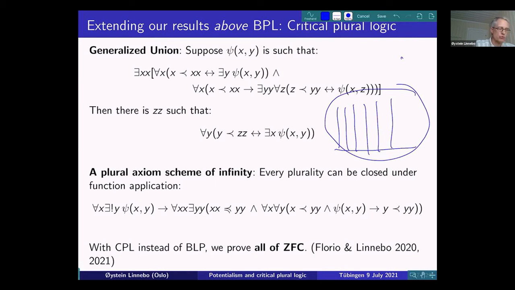And it's very natural to follow Cantor and say that at least we have some pluralities that are actually infinite. So there's an actually infinite plurality of natural numbers, for instance. And that gives you infinity. And then you're up to all of ZFC. So that's neat.